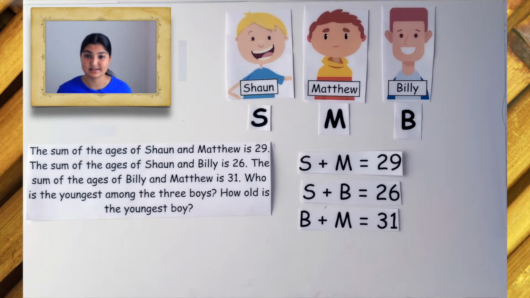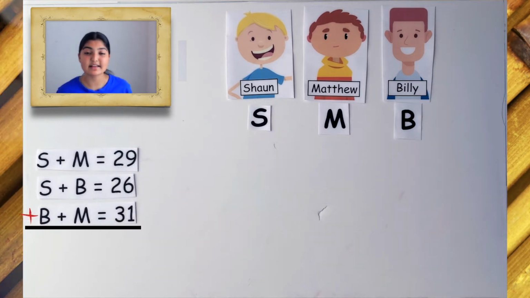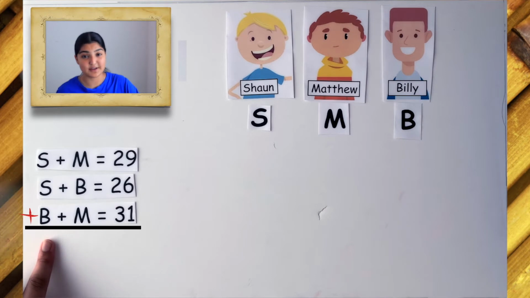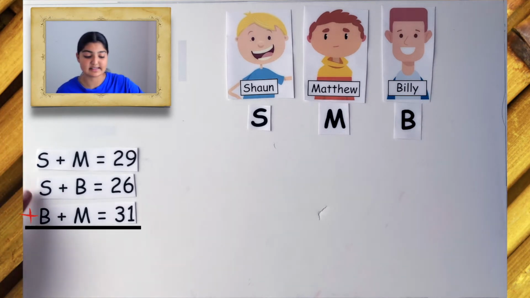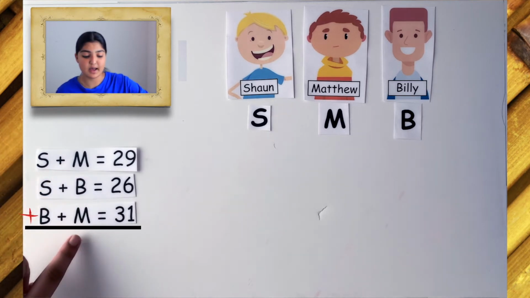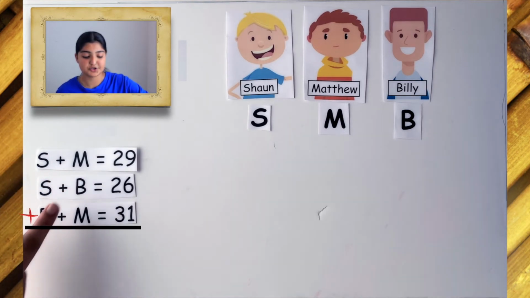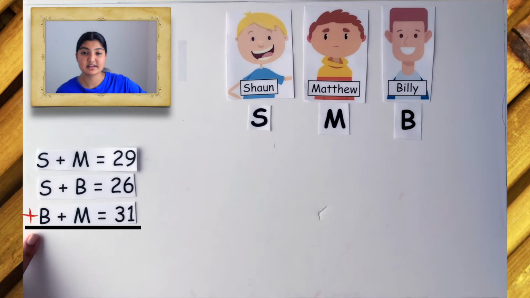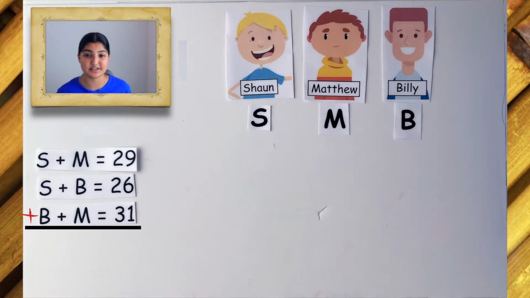So let's do that. Starting with the left side of the equation. There are two s's, two m's, and two b's. So we can write the left side of the equation as 2s plus 2b plus 2m.